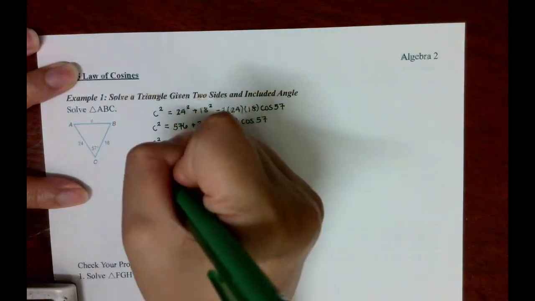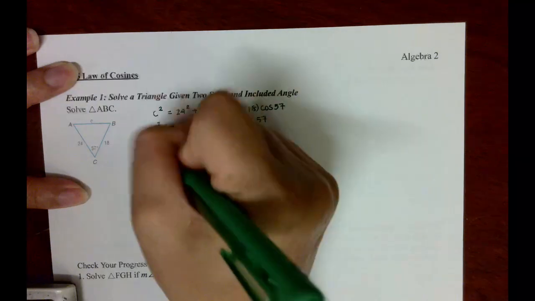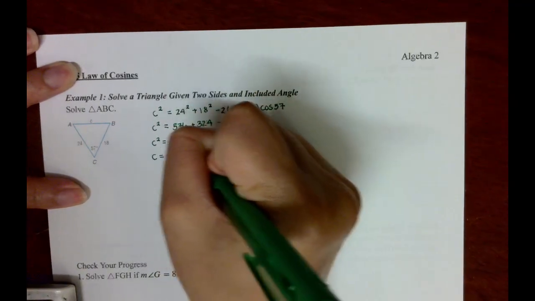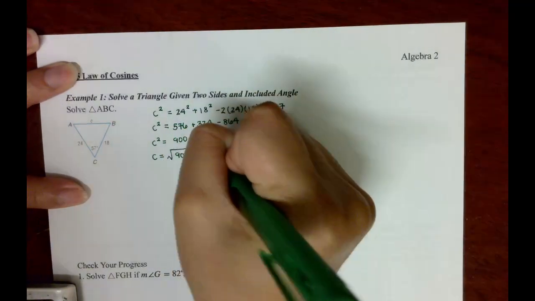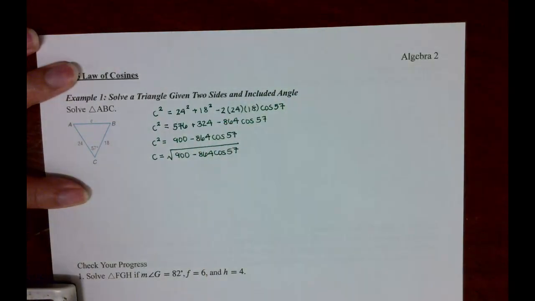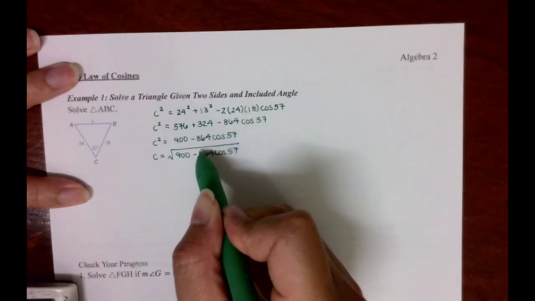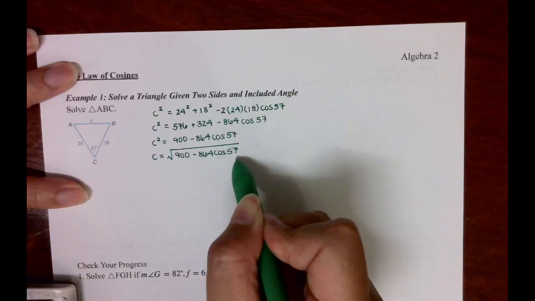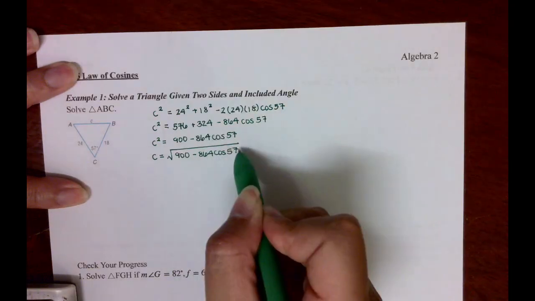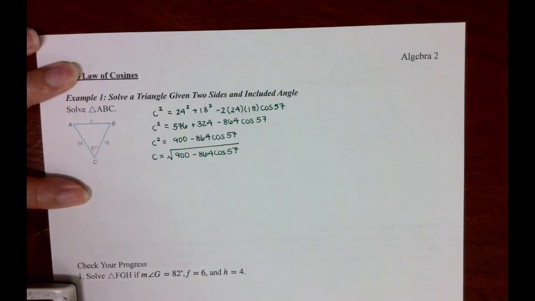Now this is when I would enter it into my calculator if I wasn't as skilled at typing it all in one go. So I'm going to hit square root, then 900 minus, and I want the calculator to know that this is a grouping, so I'm going to put parentheses around this: minus parentheses 864 times cosine 57.